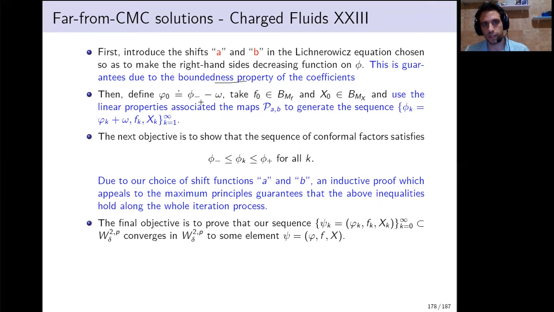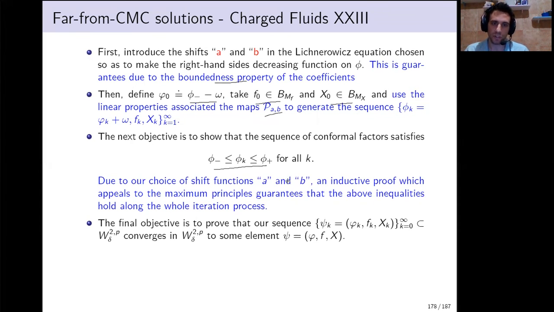So we start, as always, with our subsolution. We fix some elements in our fixed balls for the electric potential and the vector field X. We use the linear properties associated with the operators P sub A, B in order to generate our sequence of solutions to linear problems. The next objective is to show that the sequence of conformal factors is trapped between our strong barriers.